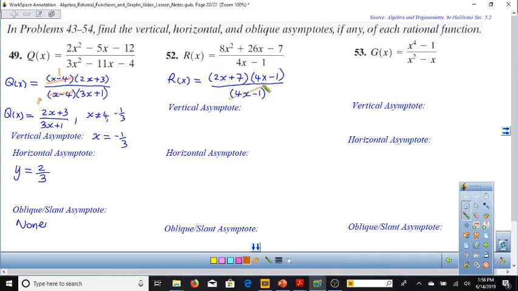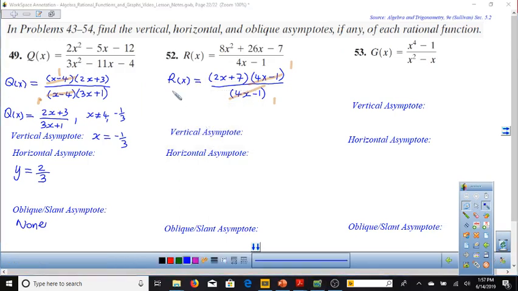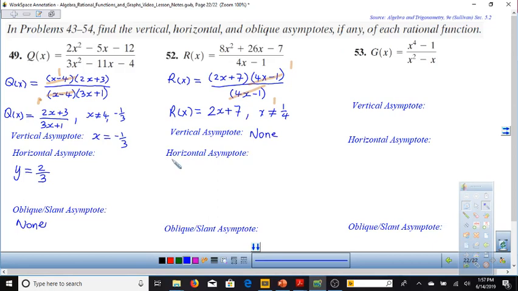What that means is the function is really r of x equals 2x plus 7, as long as x is not equal to 1/4. And since there's no denominator to cause a problem, there is no vertical asymptote. Basically, this is a straight line with a hole at 1/4.